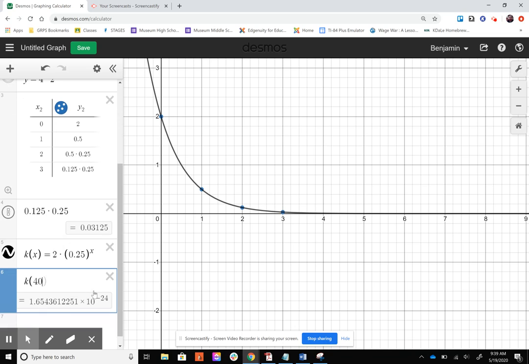It gives me this very, very small number. Let's just go to step 10, a small number so that it doesn't give us scientific notation. But I'm hoping this helped guide you through what to do when you have an uncomfortable set of data and you know that it's got an exponential pattern to it.